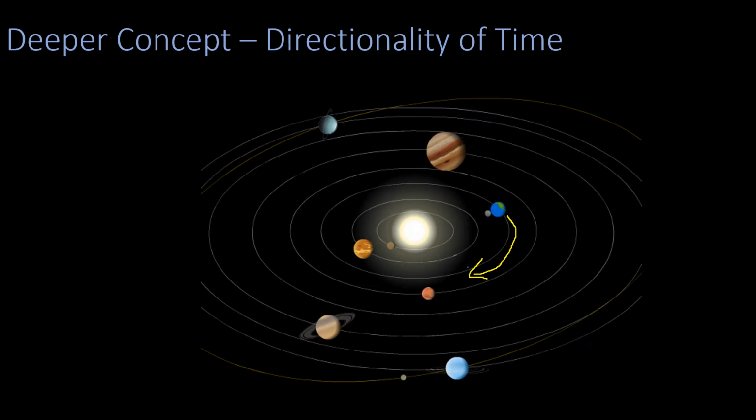You would see the exact same processes going backwards. And it turns out that all the physics works. Your orbital dynamics work just the same for this simple solar system mechanic going backwards as they do going forwards.